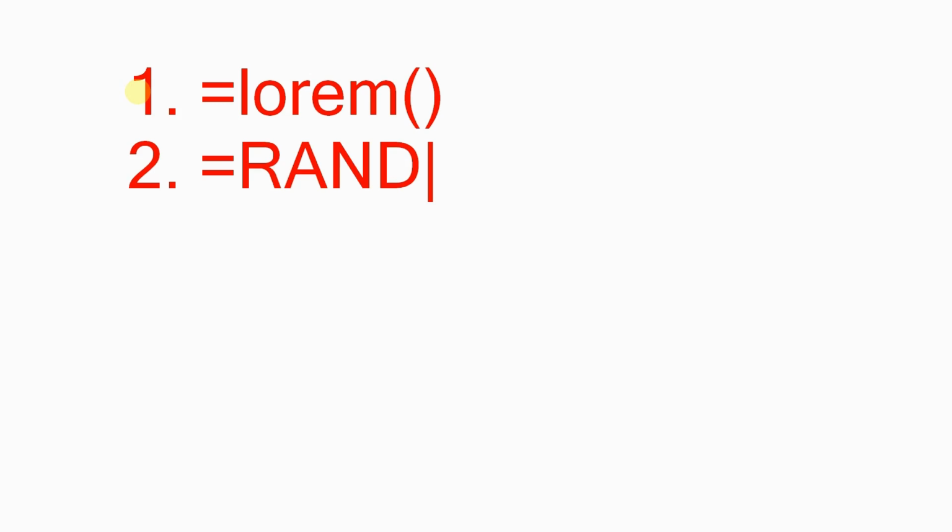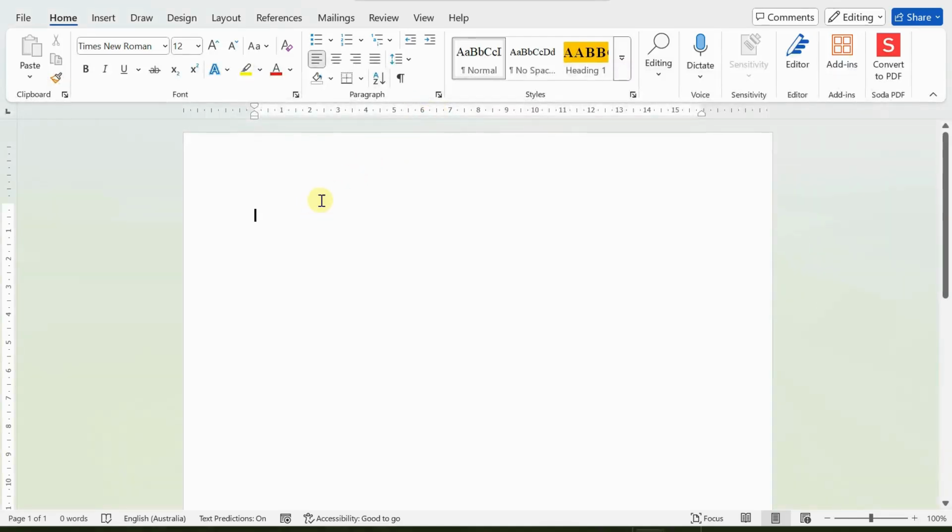Rand stands for random text. So either of them you can use to generate dummy text. So I'll do that first, and then I will show you the techniques to select the document. We need some text to select. That's why I'm trying to generate some text.